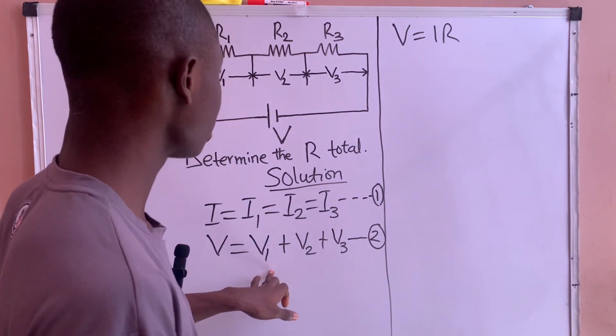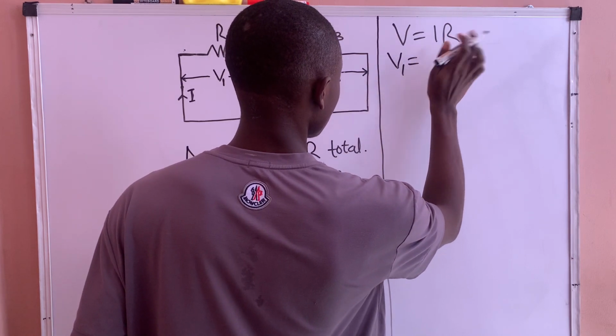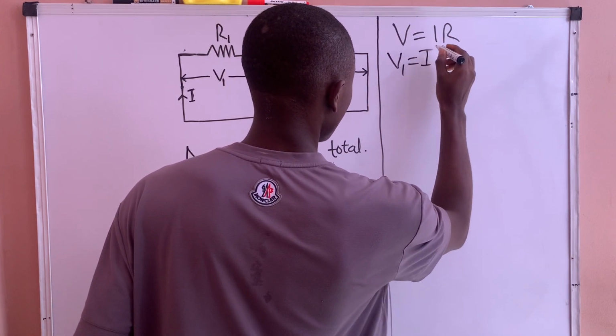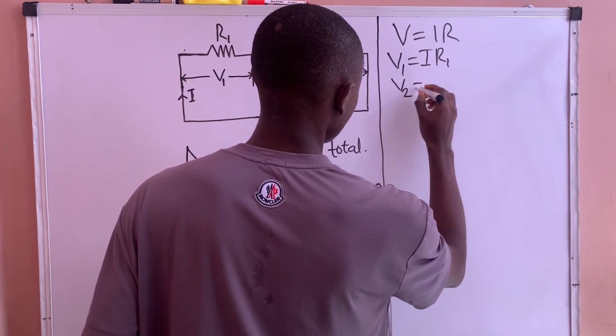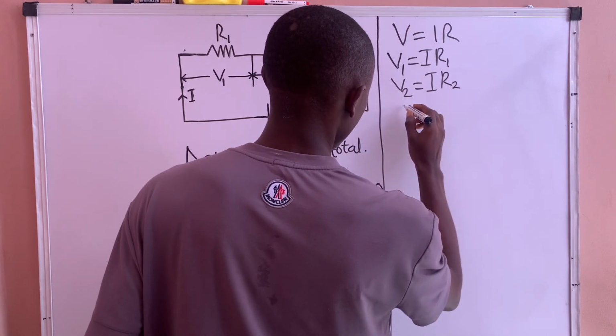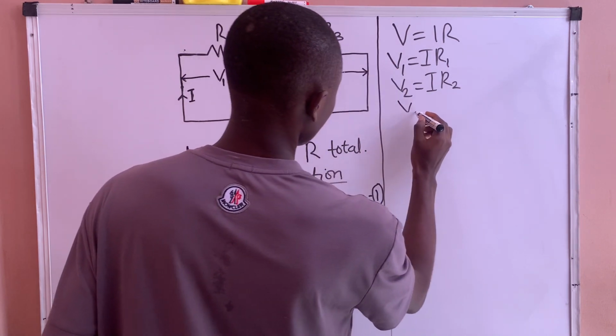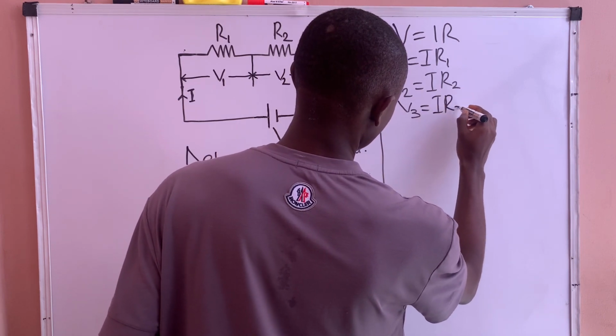So for V1, with respect to Ohm's law, V1 will be equal to what? It will be I R1. For V2, with respect to Ohm's law, it will be I R2. And for V3, with respect to Ohm's law, it will be I R3.